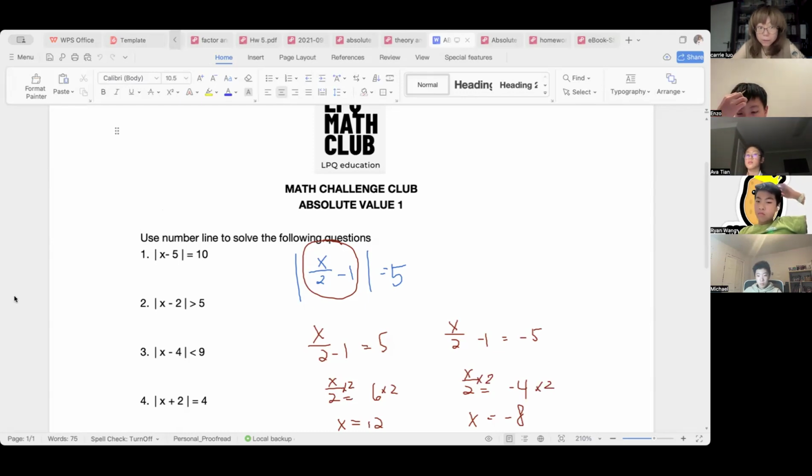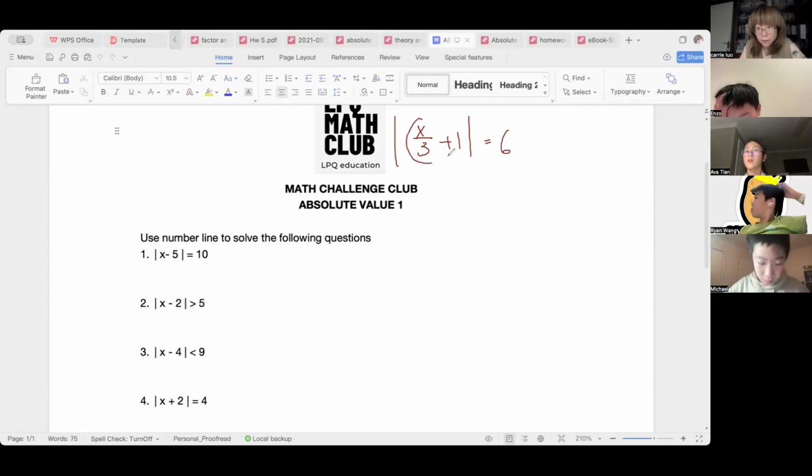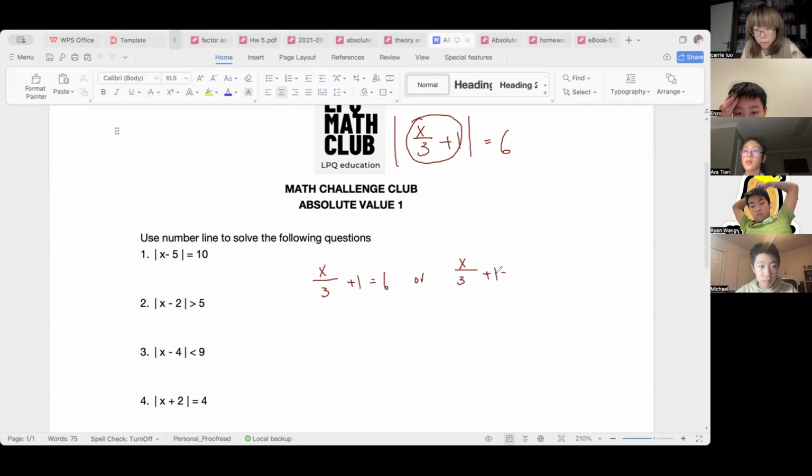Okay, I'm going to give you another example. So the absolute value of x over 3 plus 1 equals 6. Okay, so Ava, the whole entire thing equals 6 or negative 6, right? So Ryan, just copy it out. We're going to move the positive 1 to the right side.